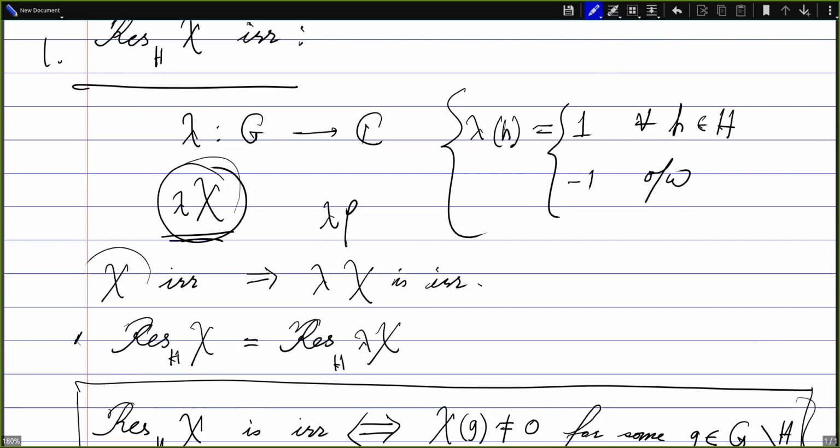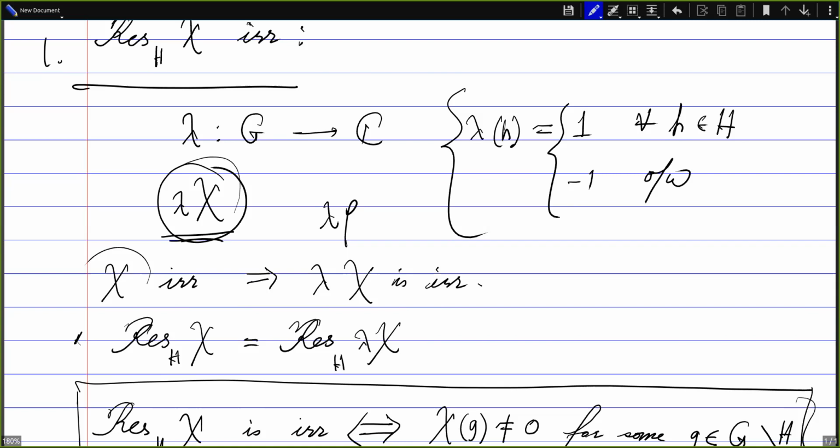Given an irreducible character chi, we want to see which irreducible characters of G, when restricted to H, will be equal to the restriction of chi. We already found one character, lambda chi, whose restriction to H exactly coincides with the restriction of chi to H.